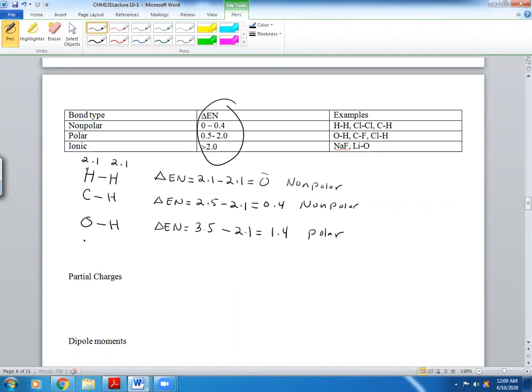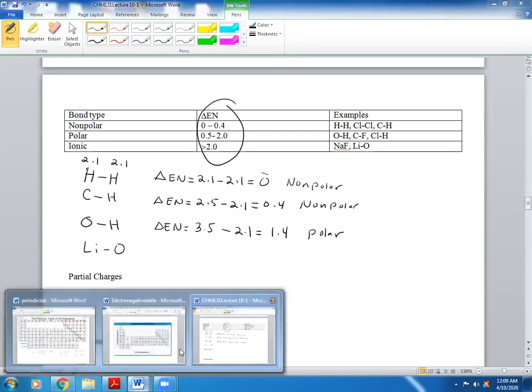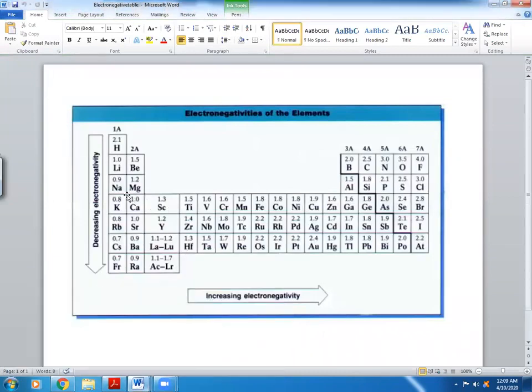And something like LiO, you go find the electronegativities. Remember, you take larger minus smaller. Li is 1, O is 3.5.